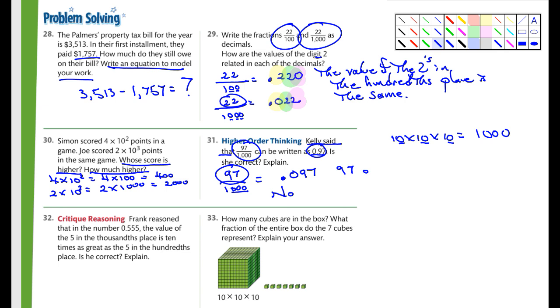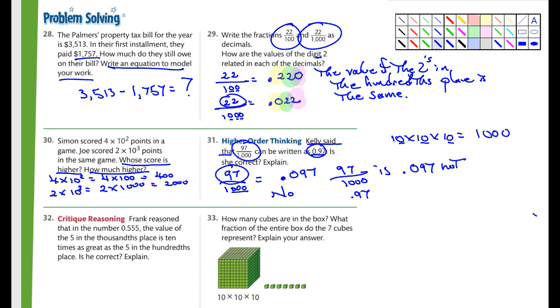I'm going to back up. 97 over 1,000 is 0.097, not 0.97. Good enough. Call it good.